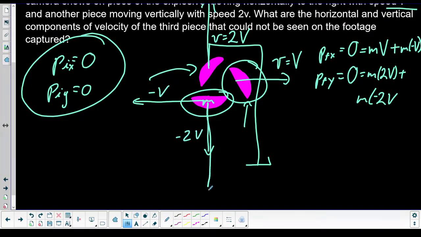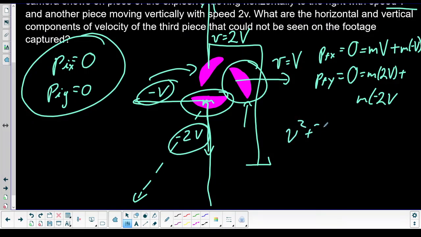So its total velocity is this. It has a horizontal component of v, a vertical component of 2v. And if you wanted to find the speed, we could, using the Pythagorean theorem, right? v squared plus 2v squared equals the speed squared.